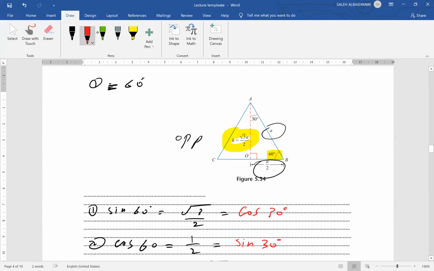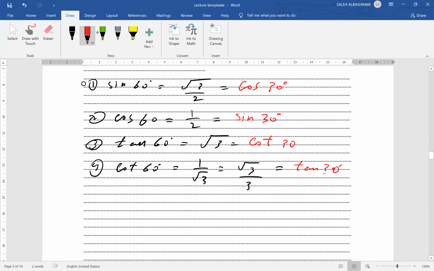And the last two. Number 5, secant of 60, which is equal to 1 over cosine of 60, that will be 2. And this is equal to the cosecant of 30. I can write it there also since we started.